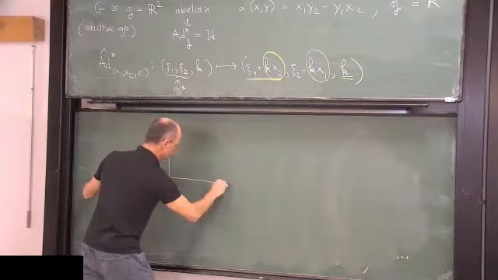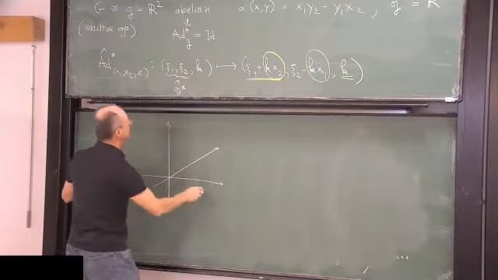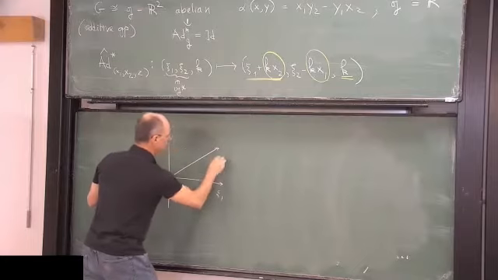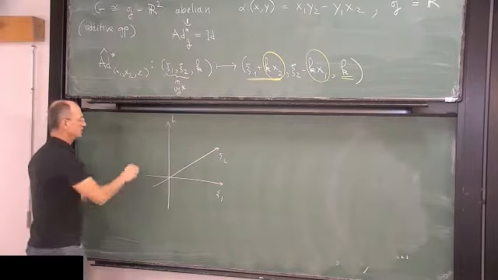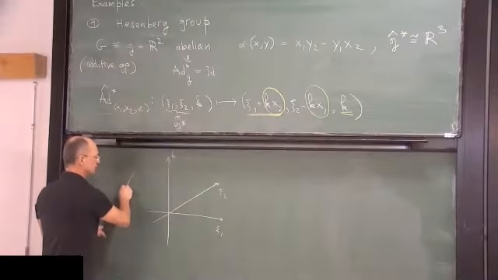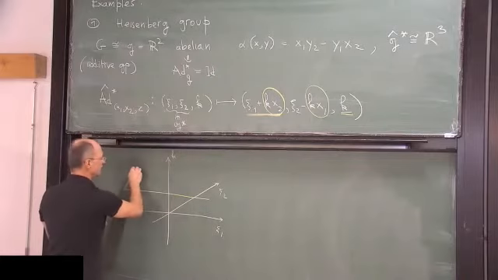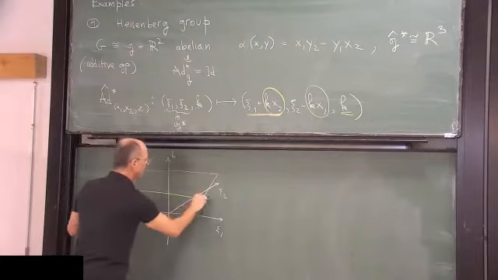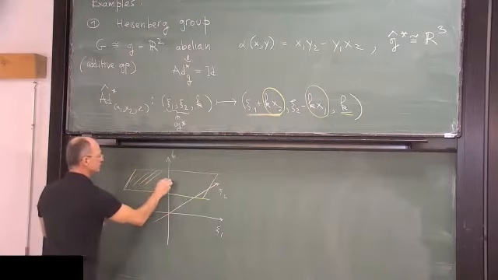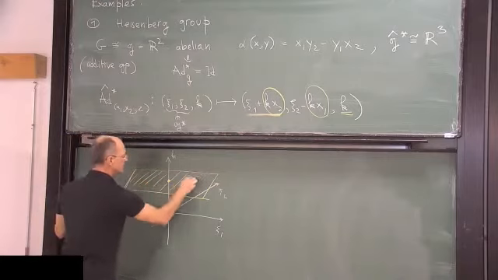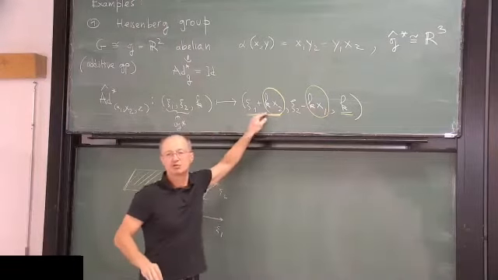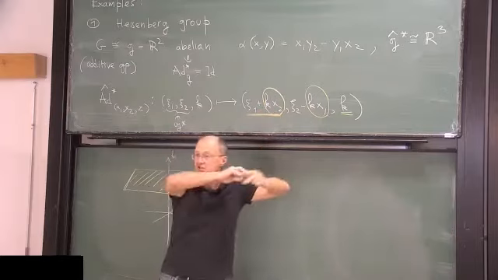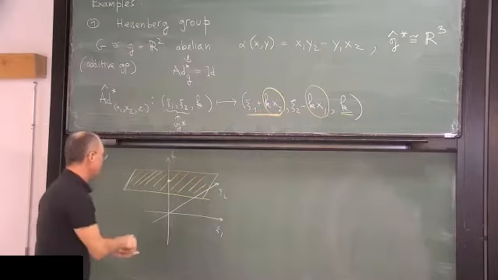So I draw my R3 picture, psi1, psi2, K. And a typical coadjoint orbit, as you see, would be just a plane of constant K, right? So that's a plane of constant K. So you can move, using the coadjoint action, by translation along that plane.